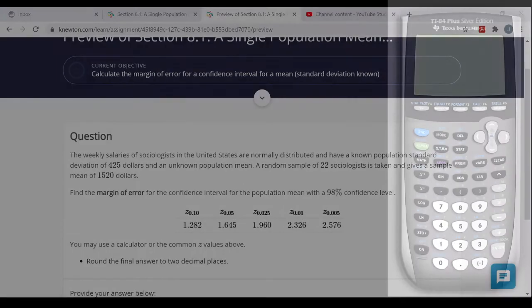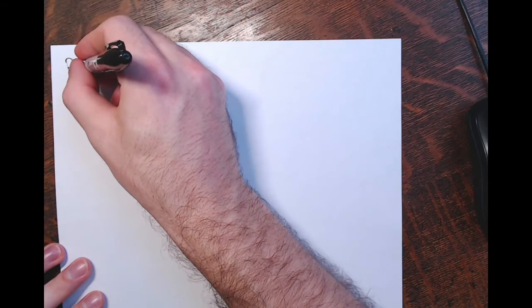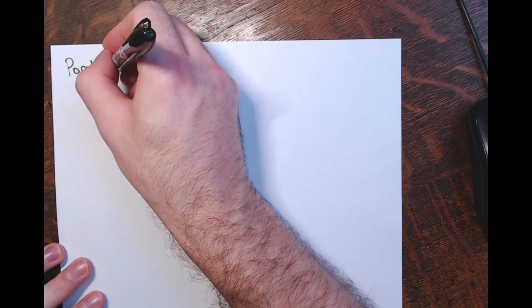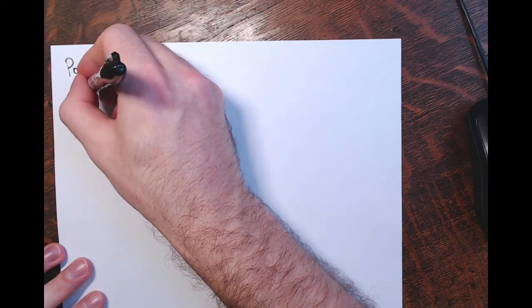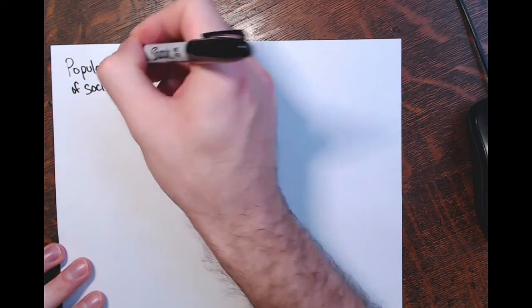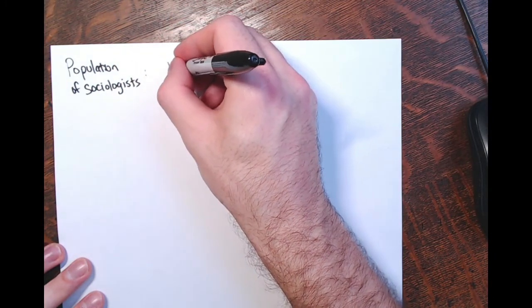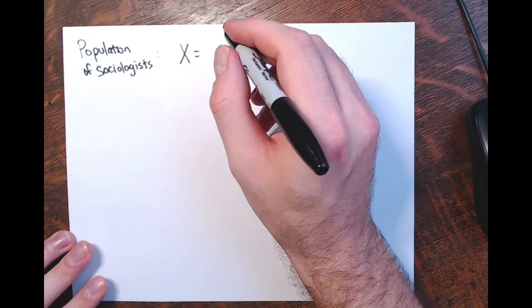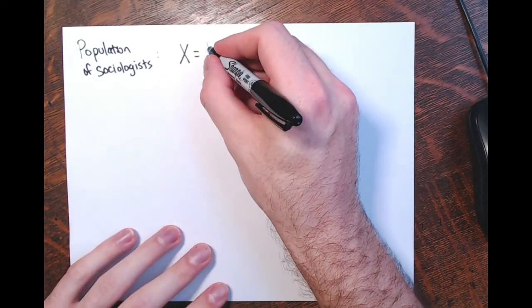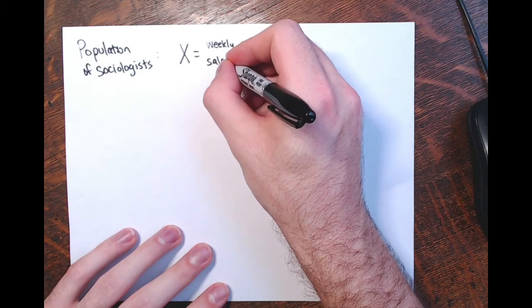So on some paper I'll describe what's happening. We have this population of sociologists and their salaries. The population is made up of all sociologists, and I'll have this variable x represent the weekly salary.